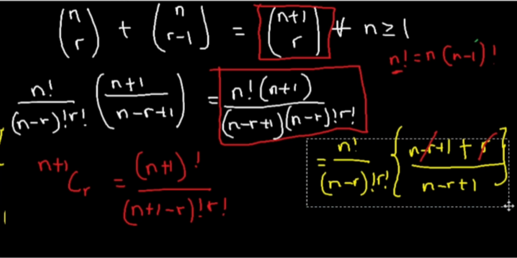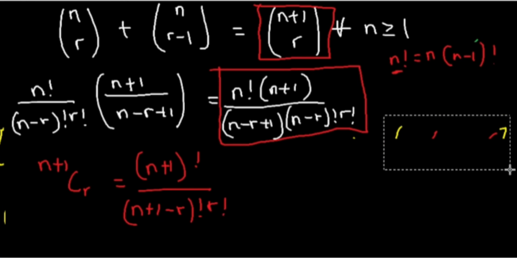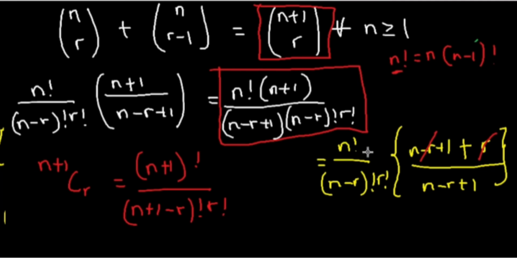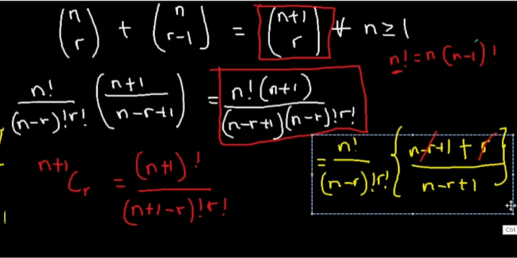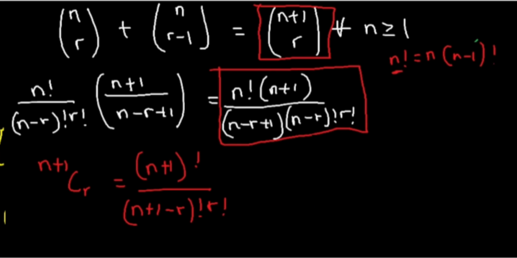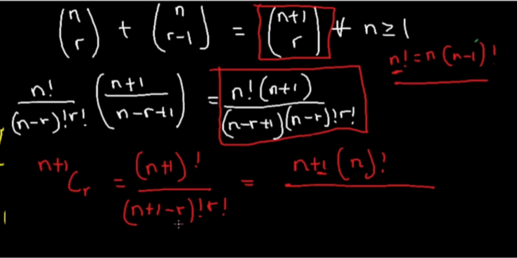From our knowledge of N factorial being equal to N into bracket N minus 1 factorial, from what I've stated earlier, I can write this as N plus 1 into N factorial over, if I minus 1 from here also, I'll be left with N minus R plus 1, then N minus R factorial, then R factorial.